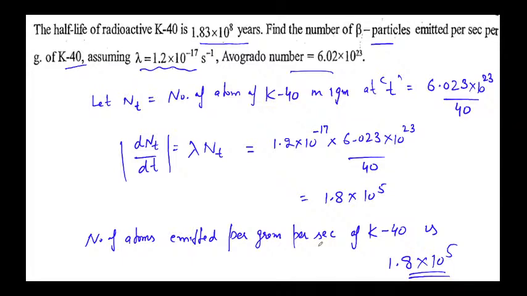So the next question is, it is observed that 3.67 into 10 to the power 10 alpha particles are emitted per gram of radon-226. Now calculate the half-life of radon-226.